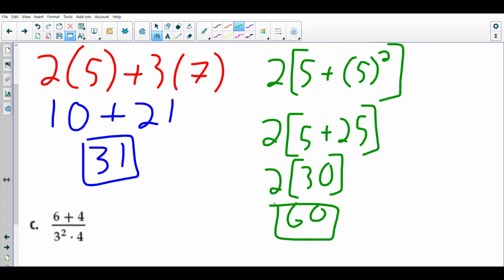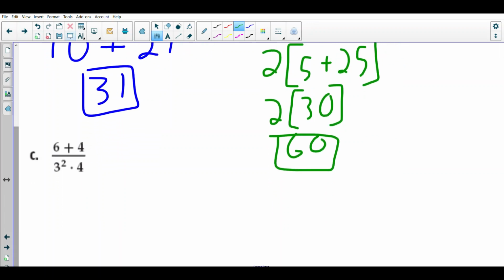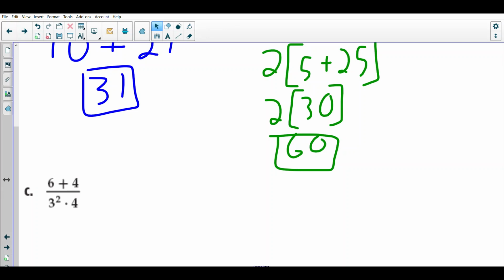Okay, one more in this section. Here we have kind of a fraction, but when it comes to fractions, there's actually something interesting. When you see that fraction bar splitting two different expressions, you actually have what you call implied parentheses. So you want to do each top and bottom separately first and then do the division last.